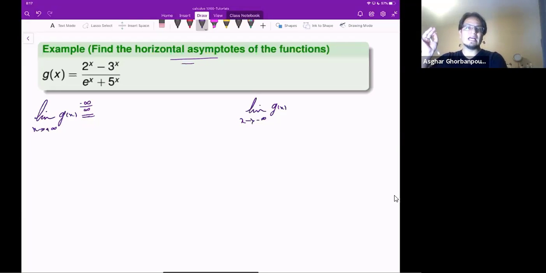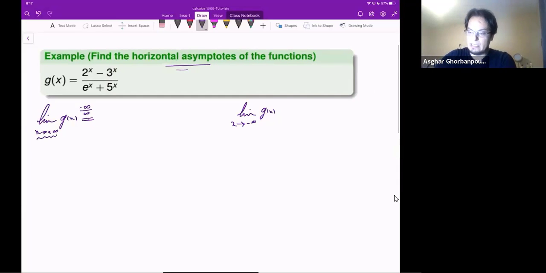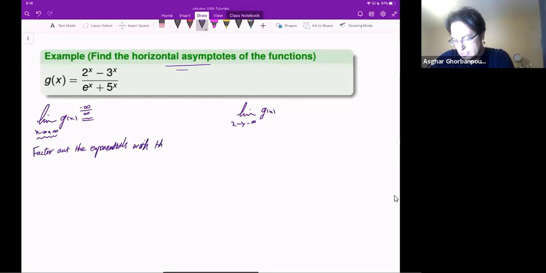Remember, when we had polynomials, we factored out the x with the highest power. When x goes to plus infinity, we will do the same thing with the exponential function. So factor out the exponentials with the highest base.